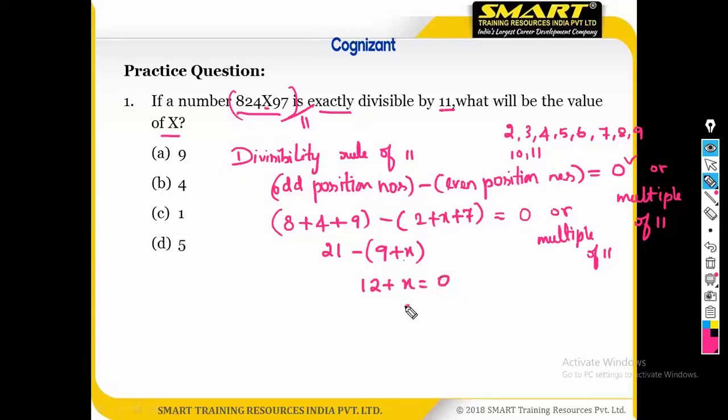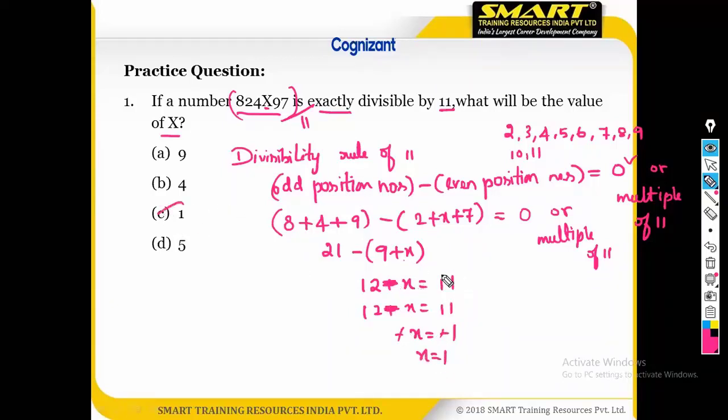If it is 0, then you will get x as minus 12, so x cannot be minus 12, so it is not 0, hence we can conclude it must be a multiple of 11. If it is 11, then 12 plus x is equal to 11, therefore what is x? Here it is minus x. Therefore what is the value of x? It is 1.